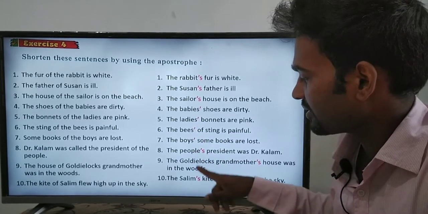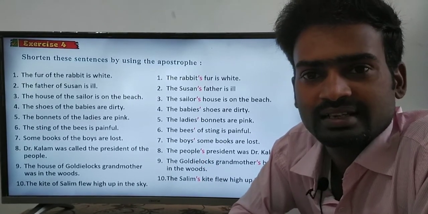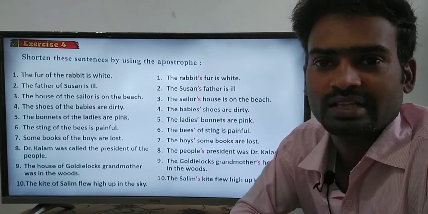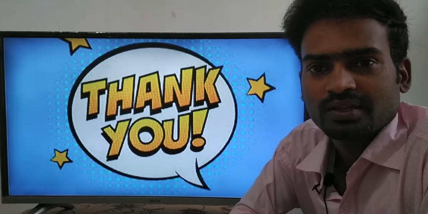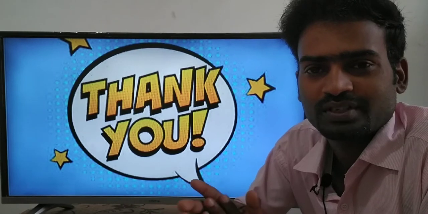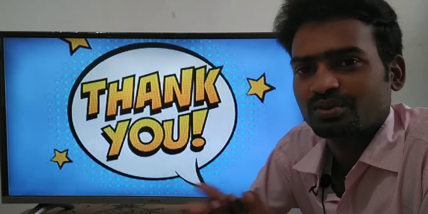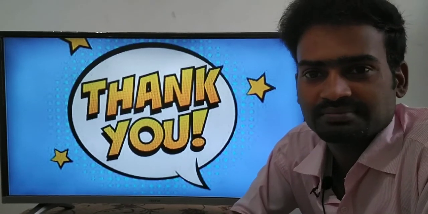The same way everywhere, when it comes in the singular form we add apostrophe and then s. When it comes in the plural form we add apostrophe at the end of the s. Yes, dear children? So this is a simple rule we have to understand in this lesson, where to use apostrophe in singular form and where to use apostrophe in plural form. If you understand this, this lesson is very simple.